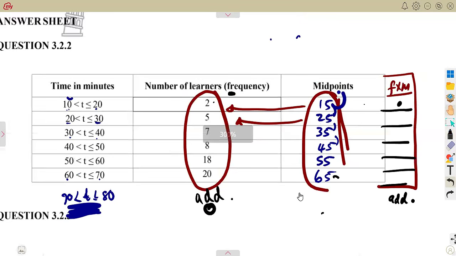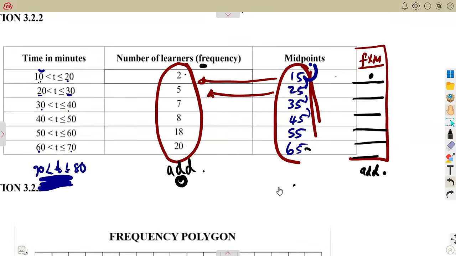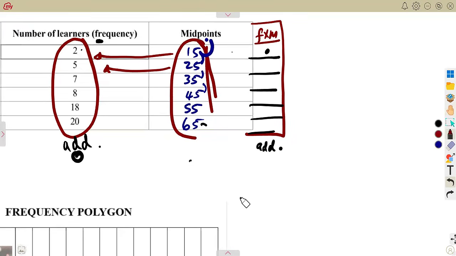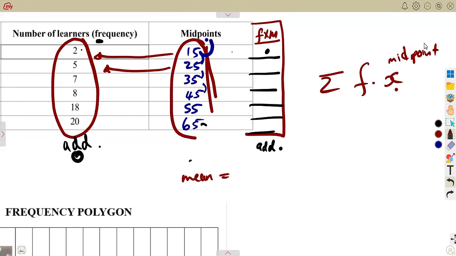If you understand that, it's fine from the table, or you can just do it by the normal calculation that we are used to, since the mean is obtained from the sum of frequency times midpoint, where these are the midpoints that we are given, over the sum of the frequency.